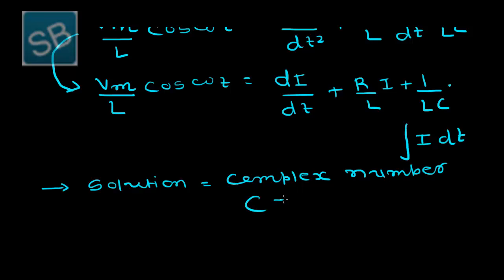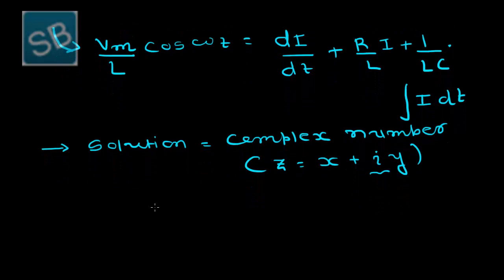It is of the form z equals x plus iy, where i is an imaginary number. In order to find the actual answer, we have to convert these quantities into complex form.